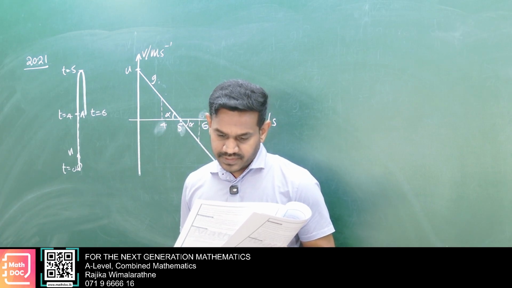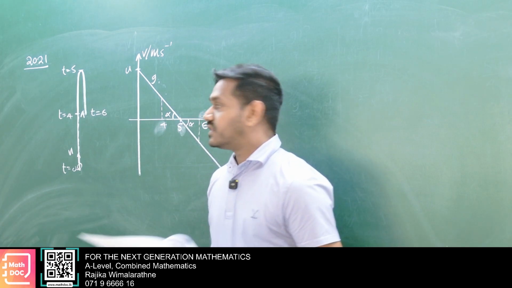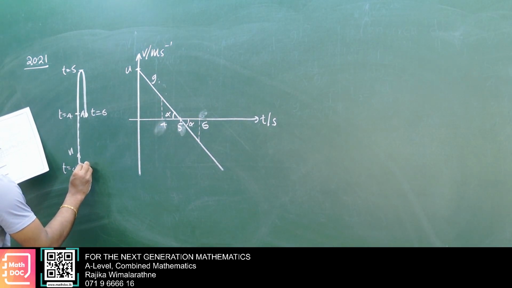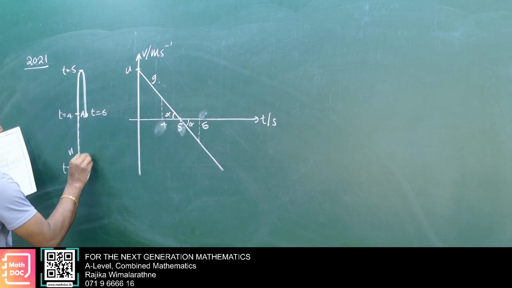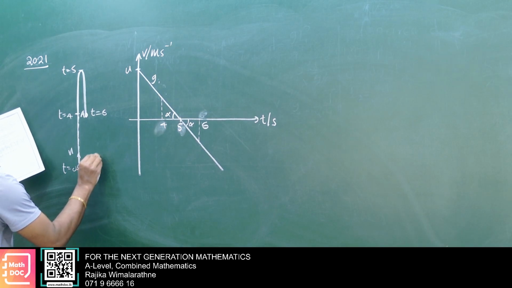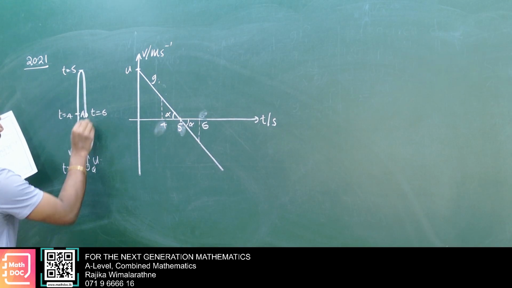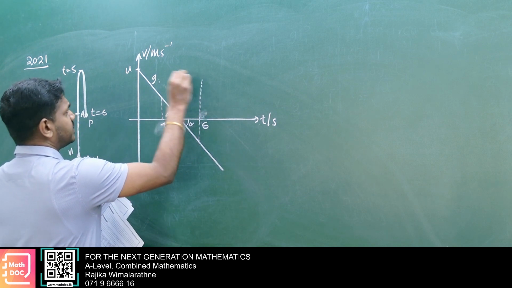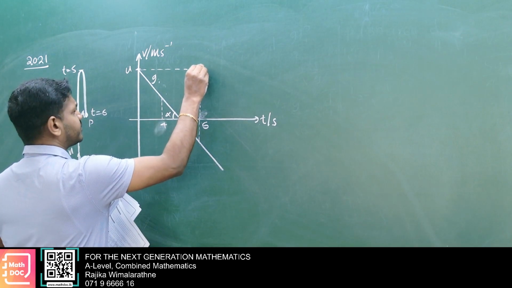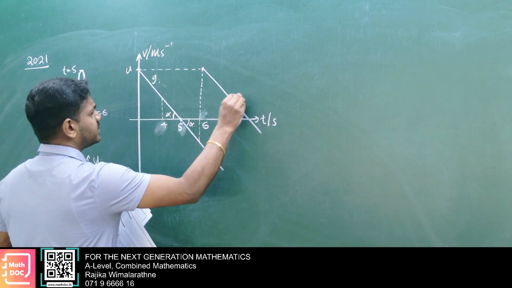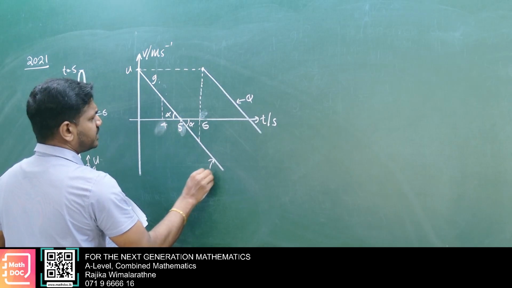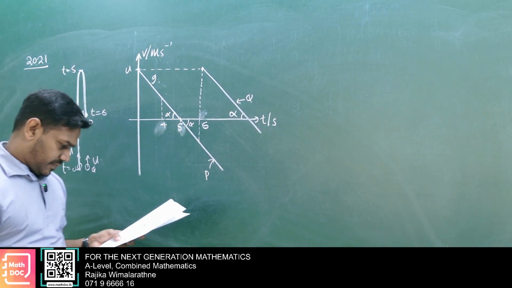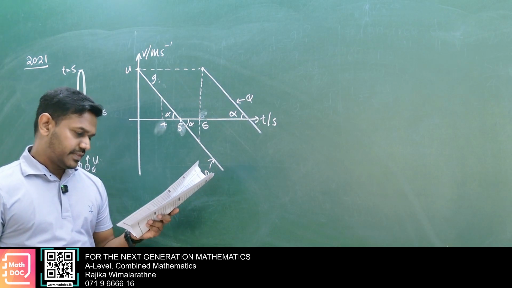At the instant when the particle P is at A for the second time, another particle Q is projected with velocity u. Here Q, here P, same inclination. Hence find the value of u.